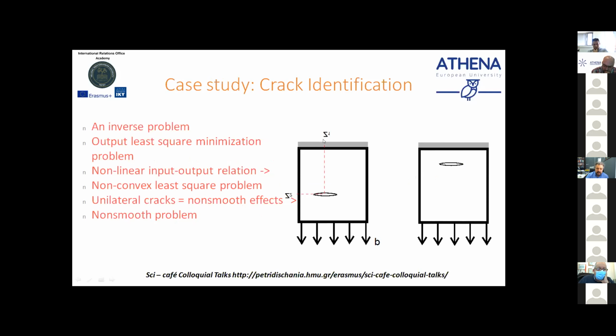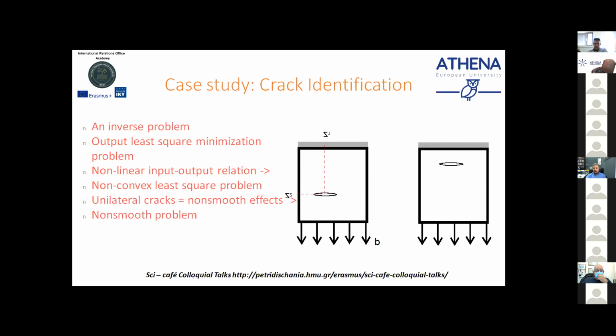Let us take an example of a simple plate with a defect here, a loading and a support here, and let us try to correlate the deformation picture of the external boundary with the presence, the position and the size of a defect. You may write down a relatively easy least square optimization problem, a fitting problem, but you soon realize that numerically it's not easy to solve if you start from a position of the crack which is far away from the real position.